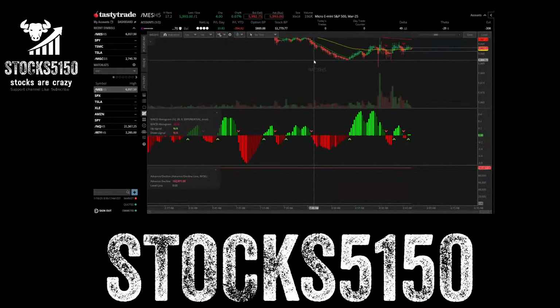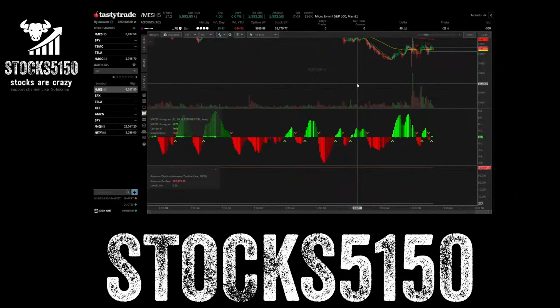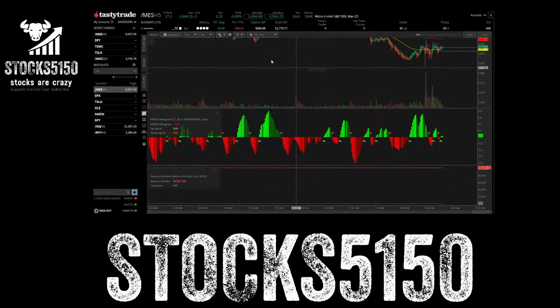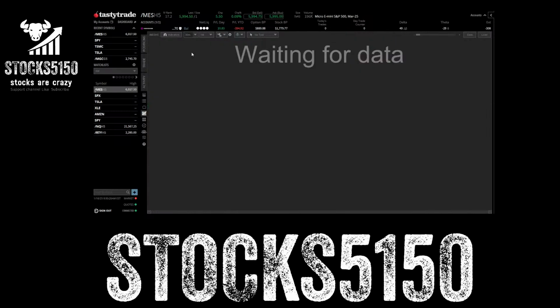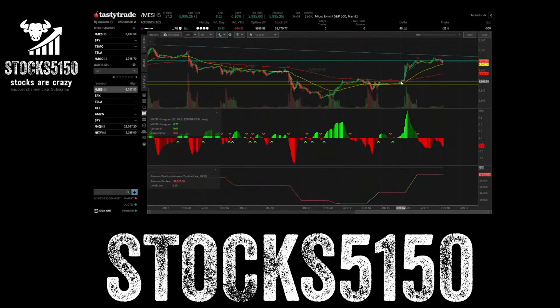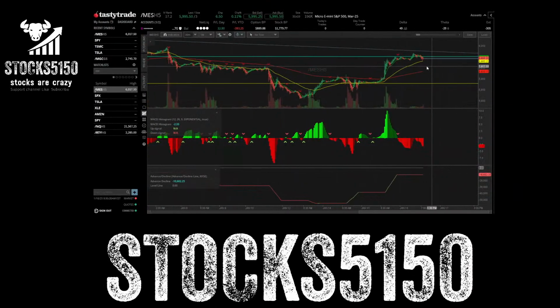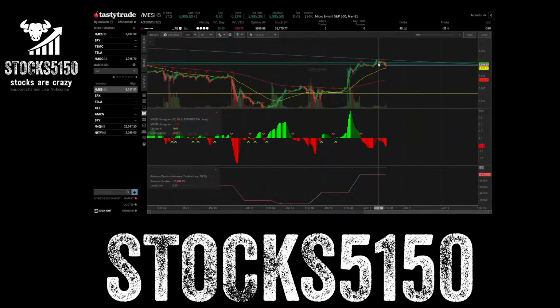And if we go here, it's easier on the 15 minutes to see it. The low is here. We're briefly above it, but we came back below.